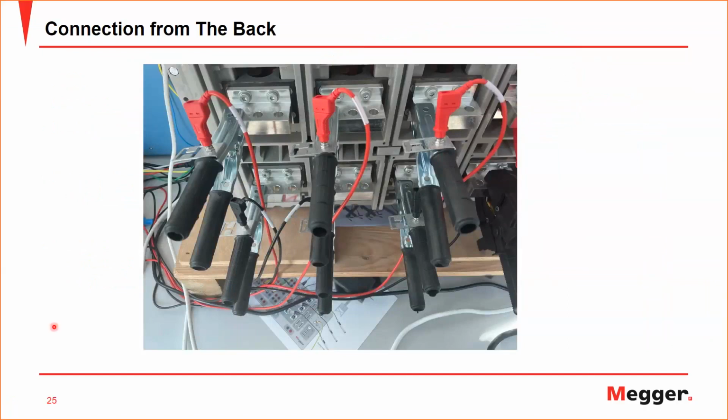I have each pole, 2 sides of it. I'm connecting 2 leads per pole, so 6 in total, and these leads all go back to my TM1800 for measuring the time. All the connections from the front will be shown now in my camera view.